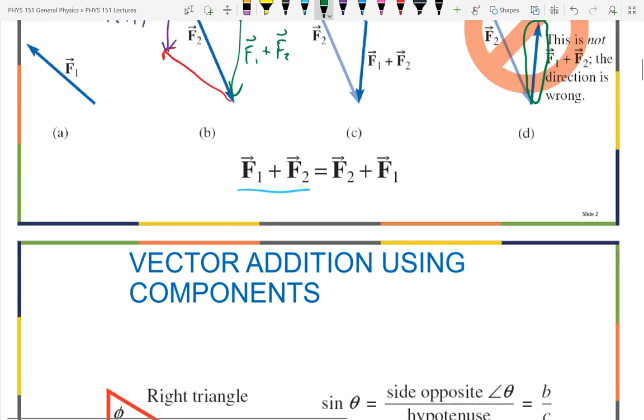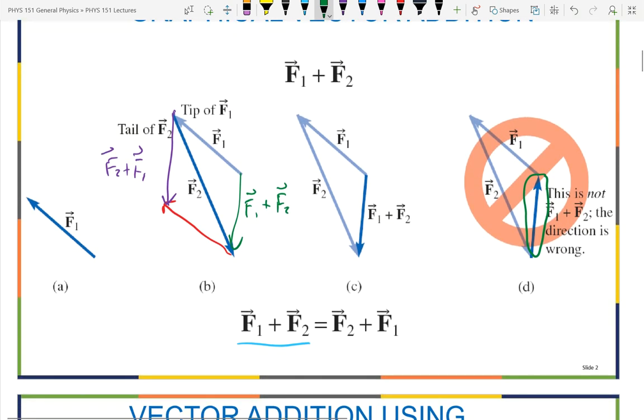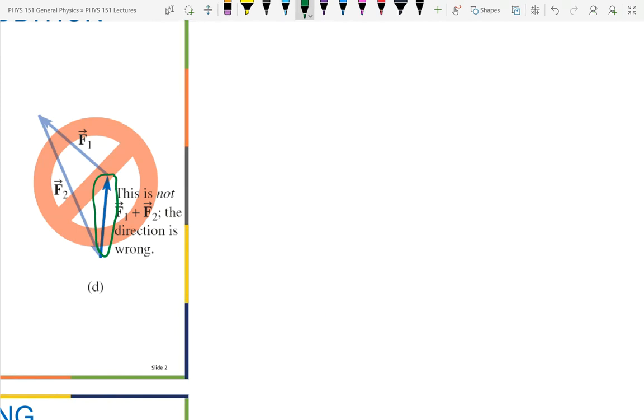Other things that you could do wrong, the most likely thing for people to do wrong is to go like this. That's not what F1 was like. To put F1 like this, and then to put F2 like that. What's wrong?